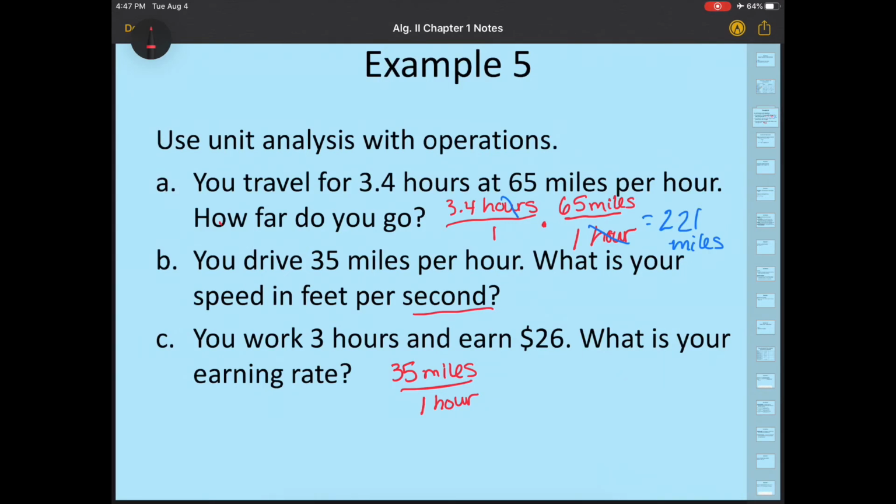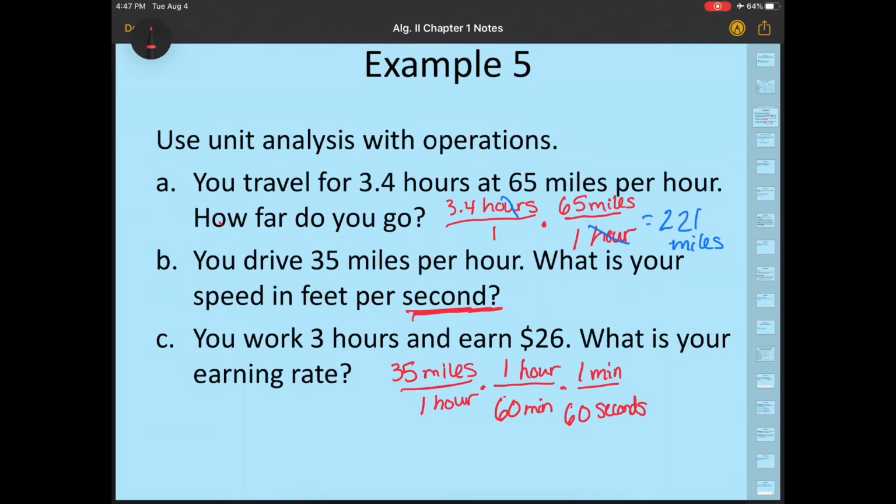So first, let's try to cancel out our hours and make it into seconds. Well, we all know that in 1 hour, and again, I'm putting it up top so these can cancel, in 1 hour, there's 60 minutes. But I'm still not there yet, right? Because I need seconds. So again, I'm going to need 1 minute up top, so my minutes can cancel. And I know in 1 minute, there's 60 seconds. And that works out because I need seconds.